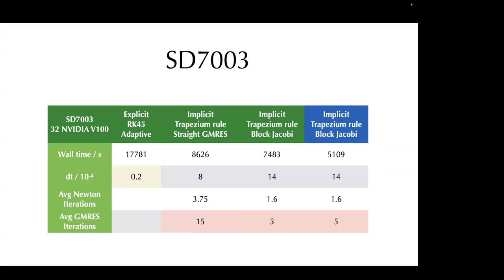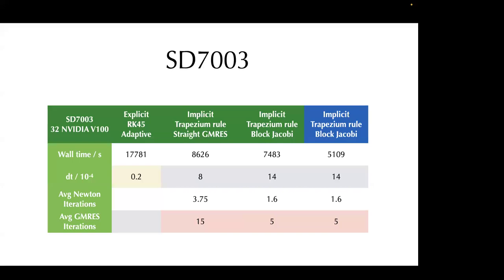And here, the story is very different. You can see that explicit is now much, much slower, and it needs a substantially decreased time step. The implicit trapezium rule with straight GMRES now needs several more Newton iterations to converge, but the amount of extra work required by the block Jacobi preconditioned approach is only slightly more than before.